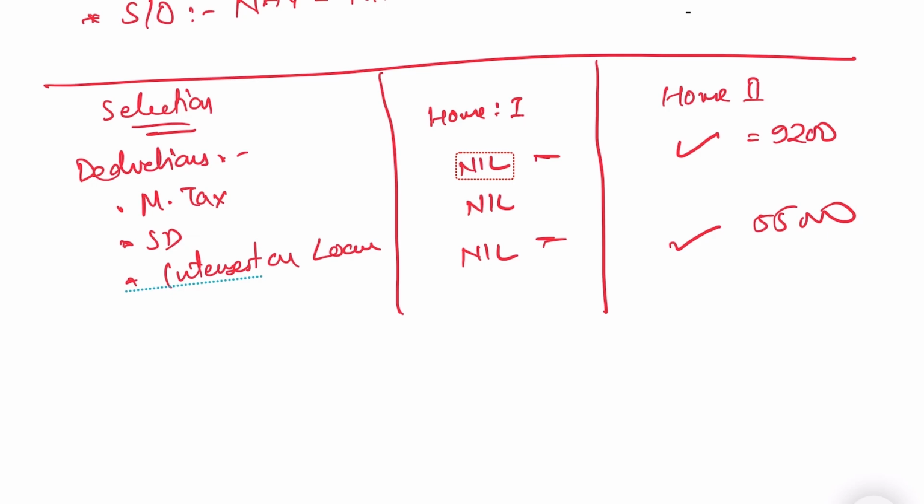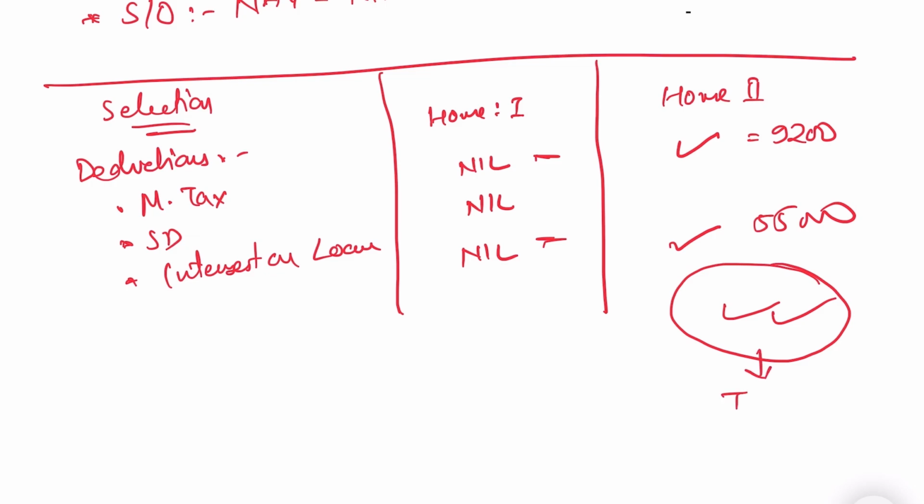There is no standard deduction for self-occupied property. So here we can see that house 2 provides the maximum deduction. So it is better to select house 2 as self-occupied, because it allows the maximum deduction. I hope you agree.